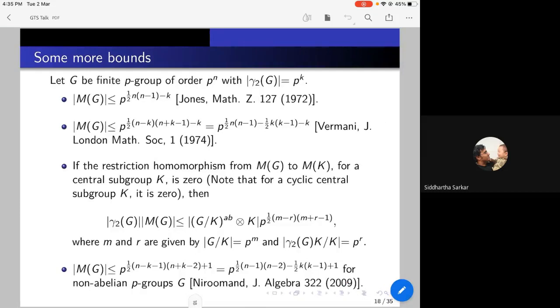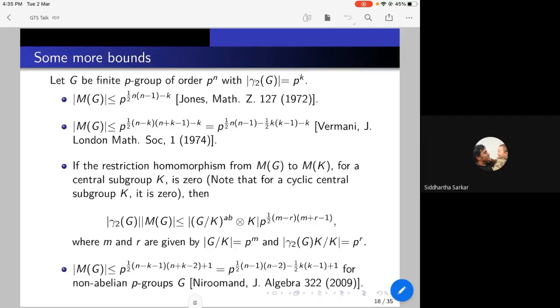Okay, some more bounds. So let G be a finite p-group of order p to the power n with the order of the derived subgroup p to the power k. Then mod M G is less than or equal to p to the power half n into n minus 1 minus k. So in terms of the order of the group and the order of the derived subgroup.